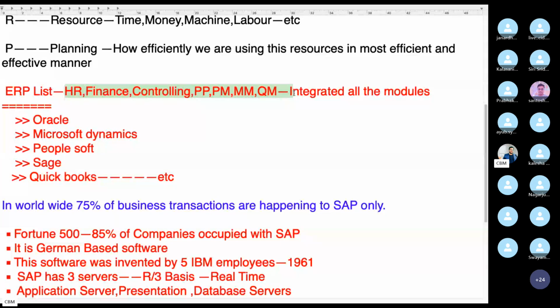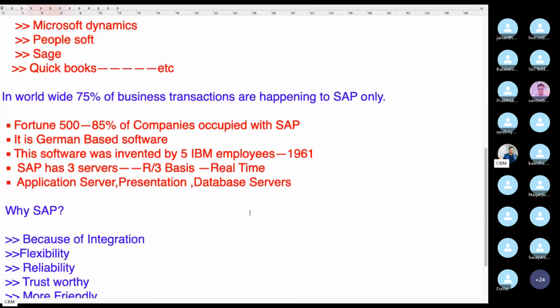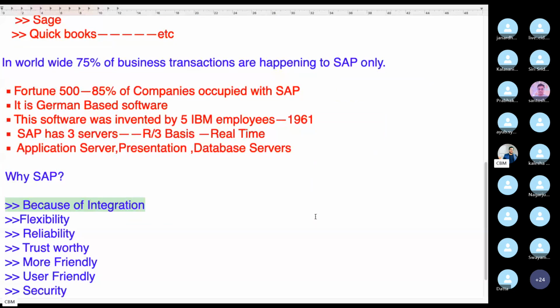Then we can extract flexible reports and provide management accurate information at the end of the office day. So everyday business should go happily, with no issues, no disturbances, no interruptions. That is what ERP will do. That is the reason SAP is ERP software, and because of flexibility it is best among the other software.